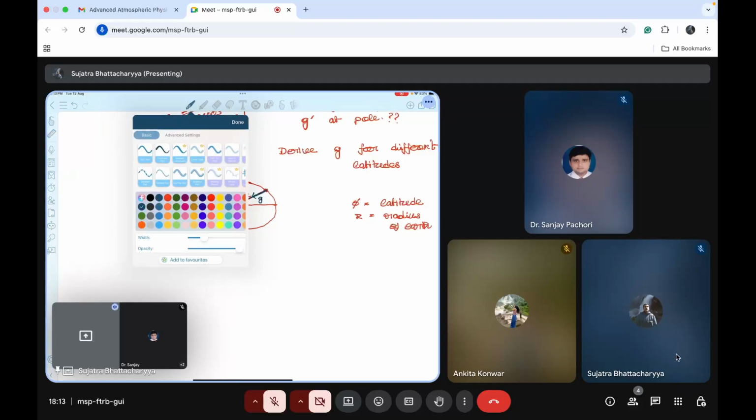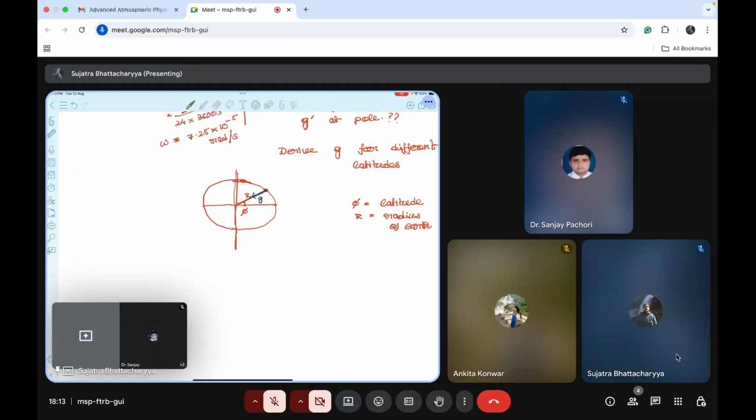At the same time, if this is R and this is the unit mass, where will be the centrifugal force? Because the Earth is having a rotation, right? So there will be a centrifugal force because of the rotating frame of reference. The centrifugal force will be acting outside the body, so it will try to push it outside the Earth's surface.